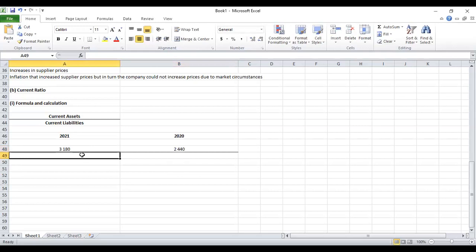Then our liabilities in 2021 are 2800. In 2020, they are 960.